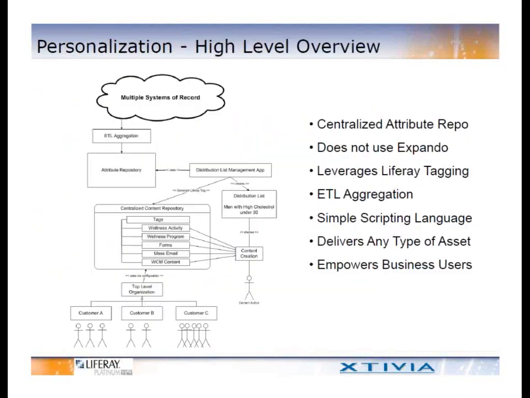To make it easier to relate to all of that, I put together a picture that maps everything out, and I called out a couple of things about how it integrates with Liferay, some of the key features. In this diagram, you notice at the top there are multiple systems of record. That's all of your back-end systems.